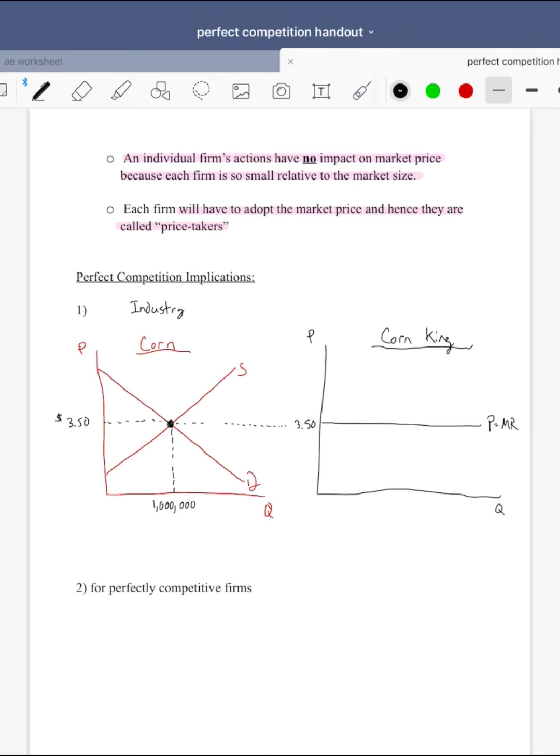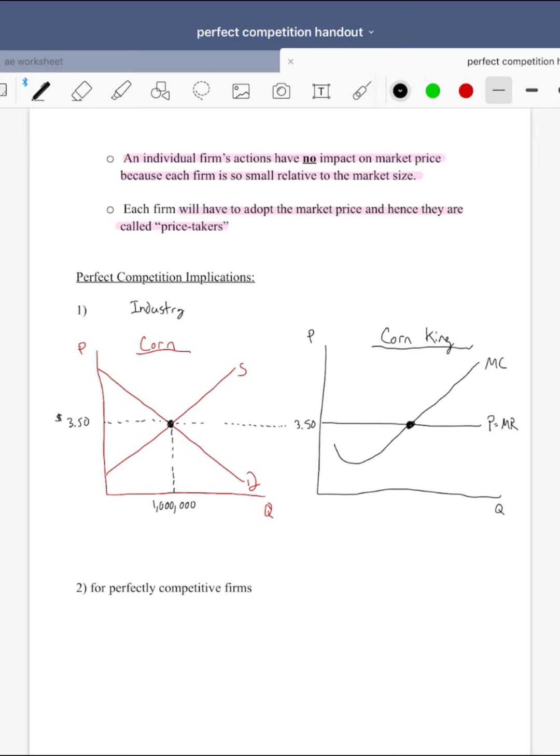So they're always going to set their price at whatever the market price is. Now, since this price is going to be constant, we know that the price is going to be equal to the marginal revenue. So for my individual firm here, the Corn King, and once again, this is a perfectly competitive industry, so I'm one of many sellers in my area that sells corn.